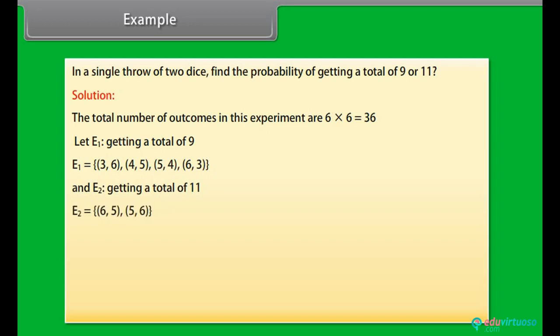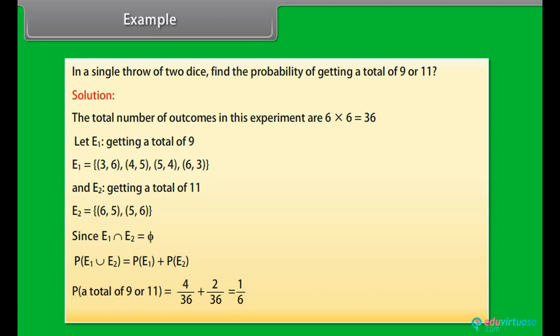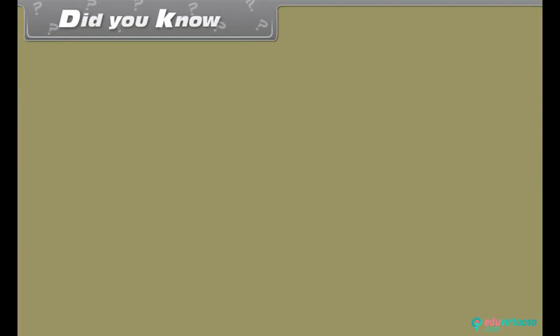E2 is equal to (5,6), (6,5). Since E1 intersection E2 is equal to phi, P of E1 union E2 is equal to P of E1 plus P of E2. P of a total of 9 or 11 is equal to 4 by 36 plus 2 by 36 is equal to 1 by 6.